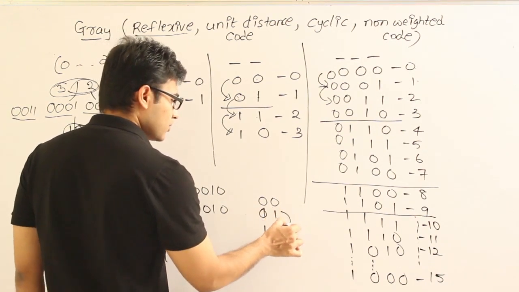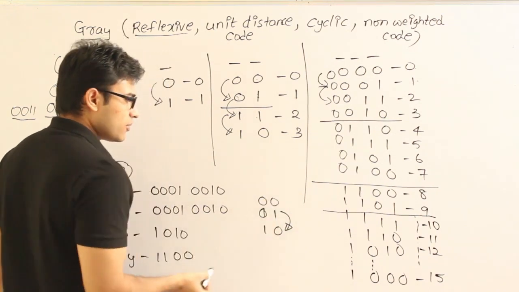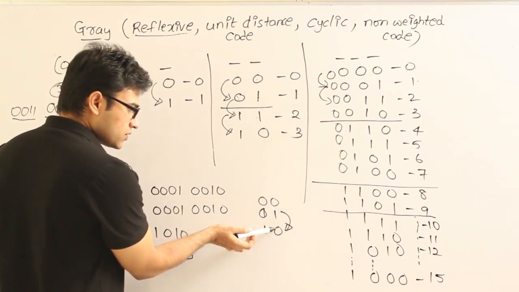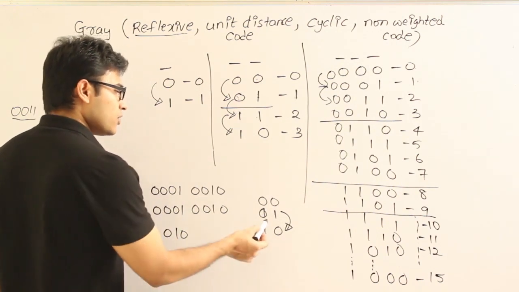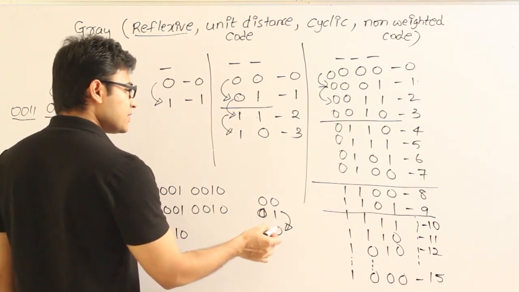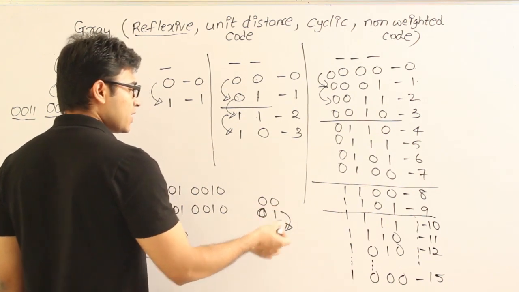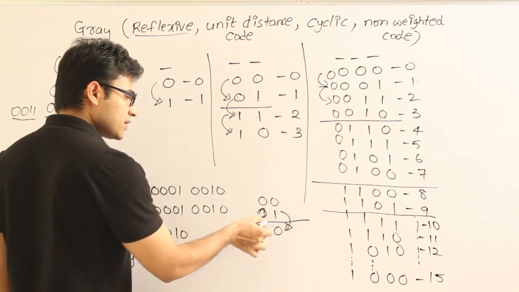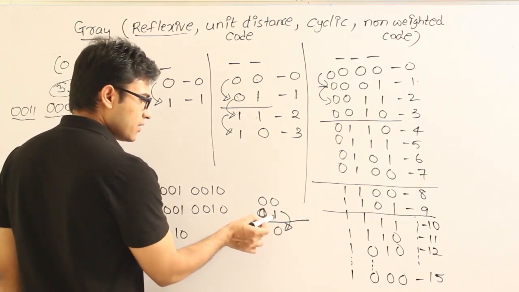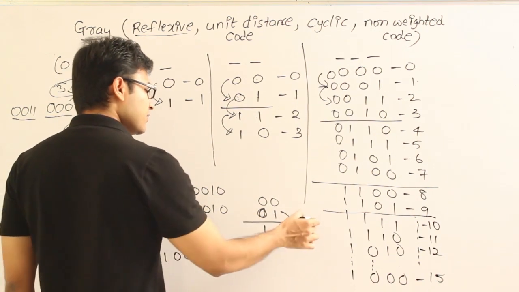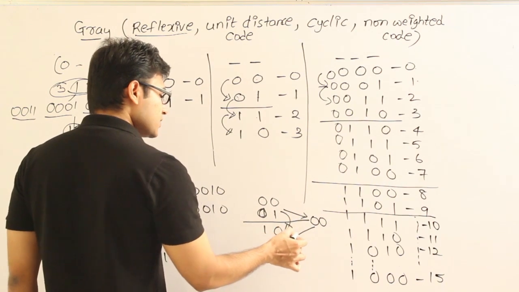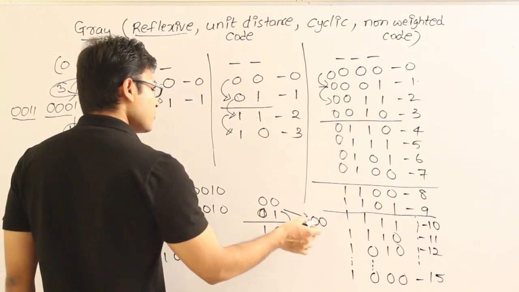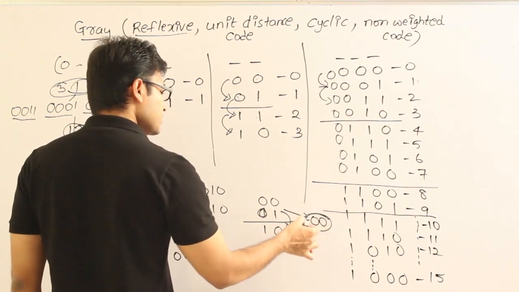If I have to go from 1 to 2, the problem is I have to change this bit to 0 as well as this bit to 1. So 2 changes are required. Now depending on the delays, if any of these changes occur first, you might end up in an intermediate inconsistent state. For example, let us say this bit changed early, then we end up with 0, 0 in the intermediate step, and then we go to this after some time. Therefore the result will be inconsistent for some time.